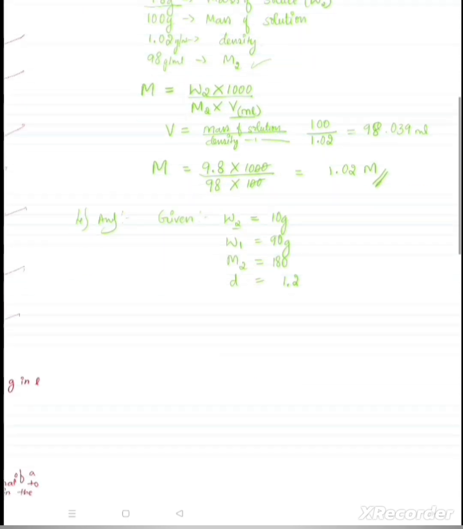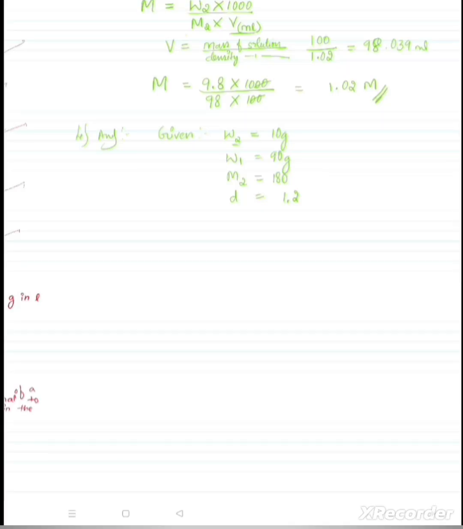Correct? So what do we want to calculate? First we want to calculate molality, that is small m. The molality formula is W2 into 1000 divided by M2 into W1. So W2 value is 10 into 1000, divided by M2, 180, into W1, 90.